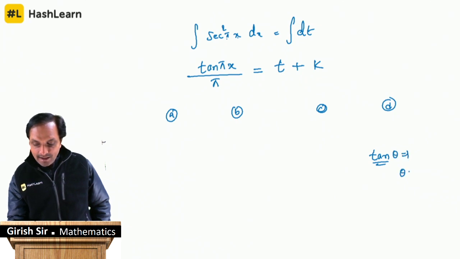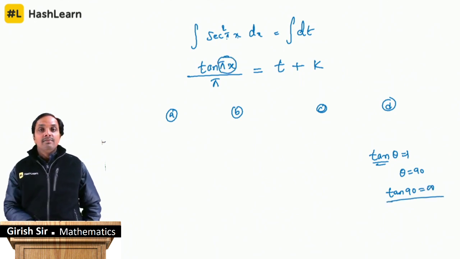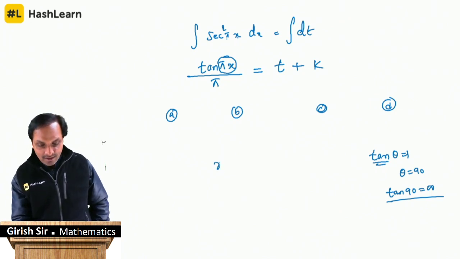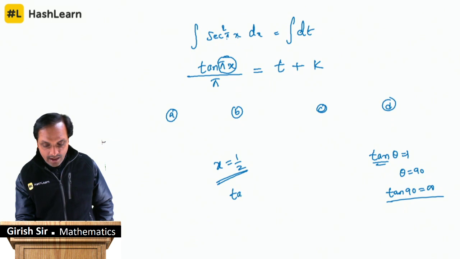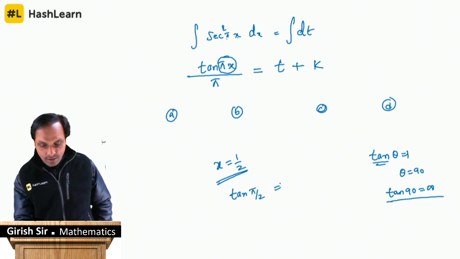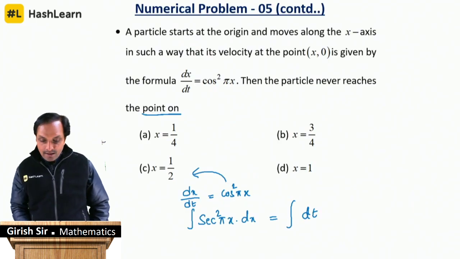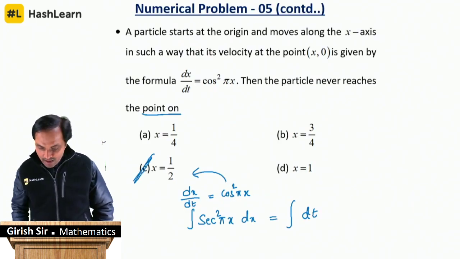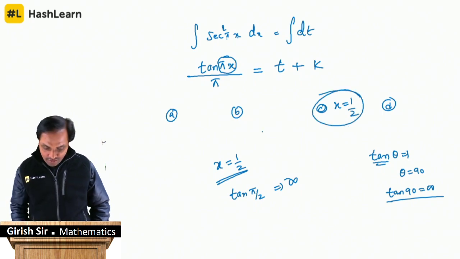See what happens when theta is equal to 90 degree. You know that tan 90 will become infinity. तो ये पार्ट जो है ना, your x cannot be 1 by 2. अगर x 1 by 2 हो गया तो वो हो गया tan of pi by 2, ये हो गया infinity. Therefore there is an option x is equal to half, option C, उसको मार्क करना है.